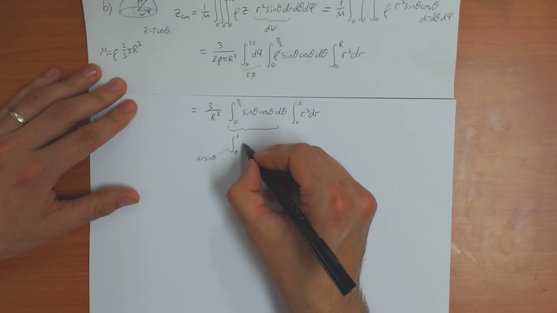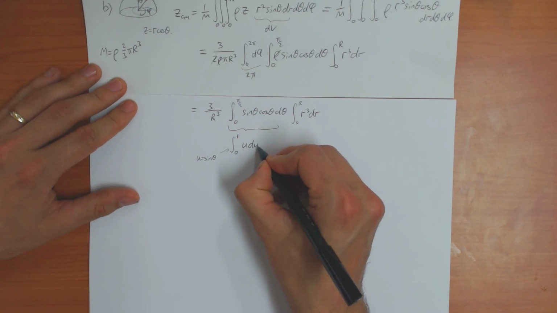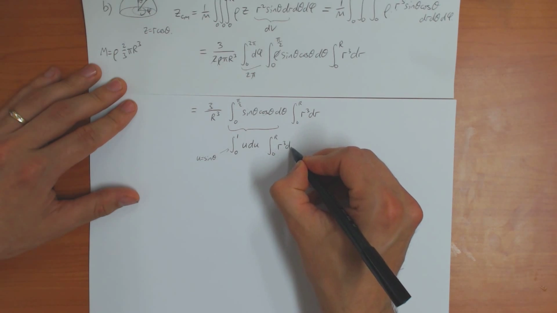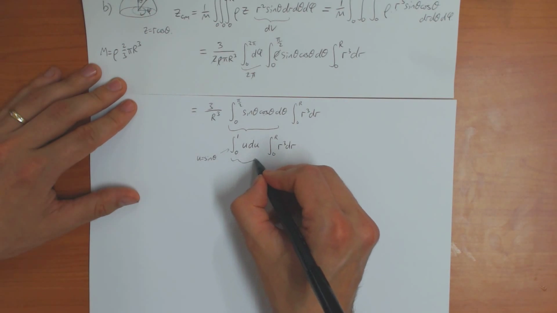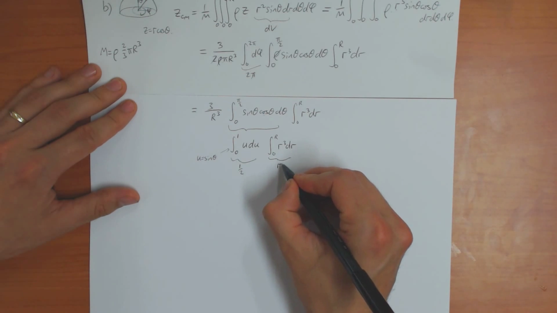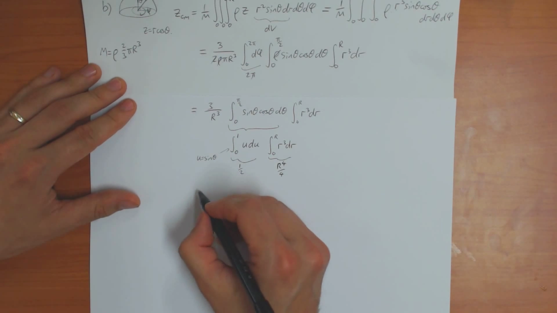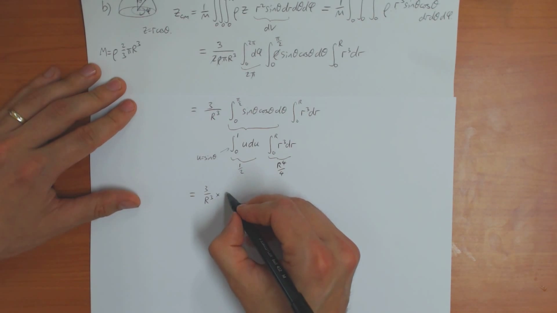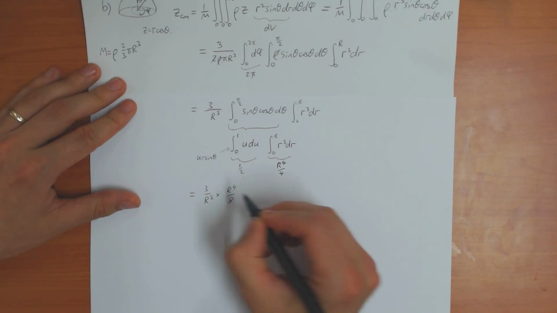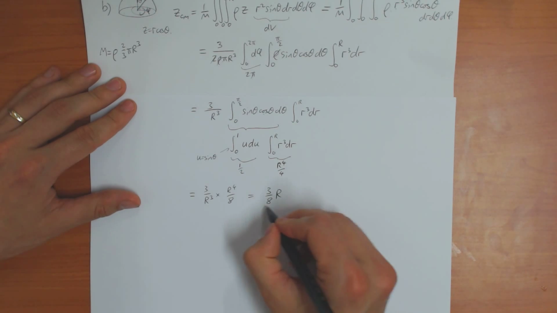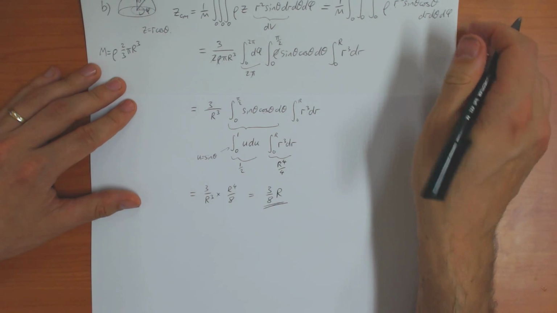So that just becomes the integral of u du. And this one is integral from 0 to R of r cubed dr. So this one is a half, and this one is R to the 4 over 4. So putting all that together, you get 3 over R cubed times R to the 4 over 8, which is 3/8 R.